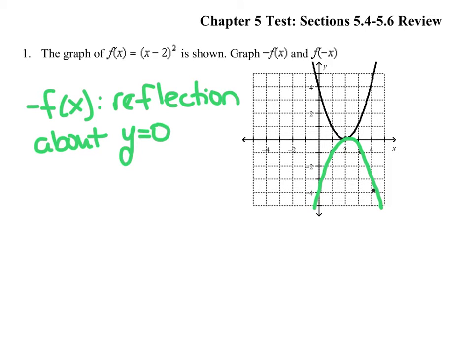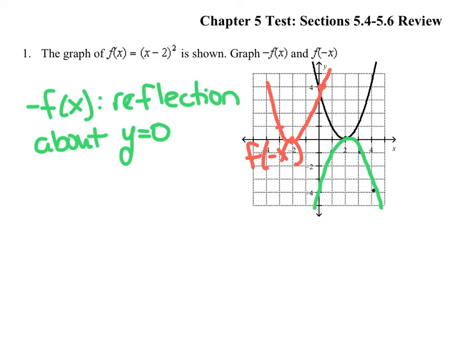And then this point would actually stay on the y-axis, and this point would reflect over onto this part. So that would go right here. This point would reflect over to here. You could say, well, it's 1 away to the right, so it's going to be 1 away to the left. So it would go here, and its partner would go on that side. So connecting these two, that would give me my f of negative x.